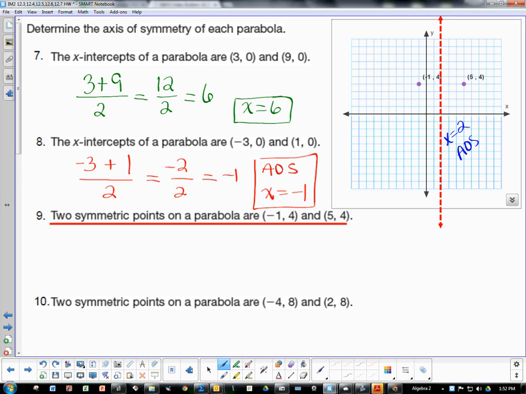Now, how are we going to do this mathematically? Well, what we need to do is take these x coordinates, -1 and 5, so -1 plus 5, and find the middle. So divide by 2. This happens to be 4 over 2, and that is 2. So your axis of symmetry is x equals 2.